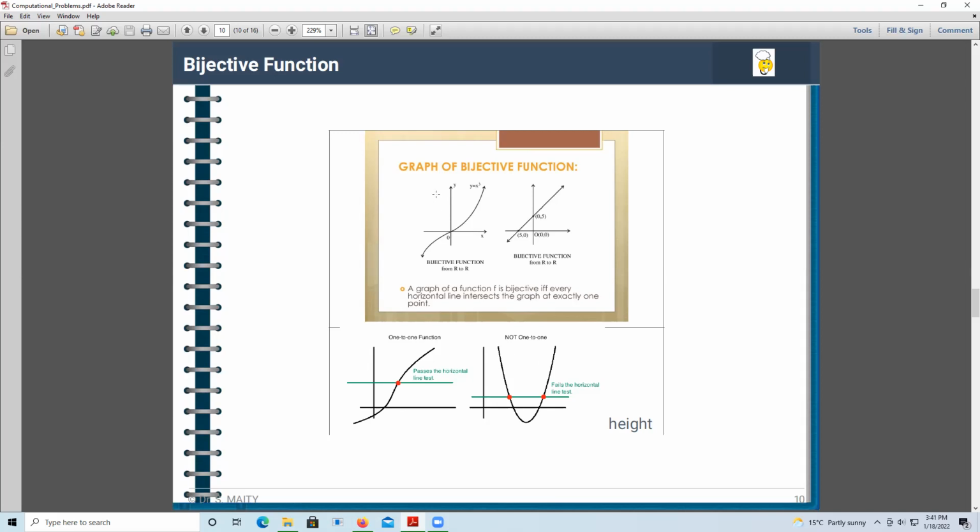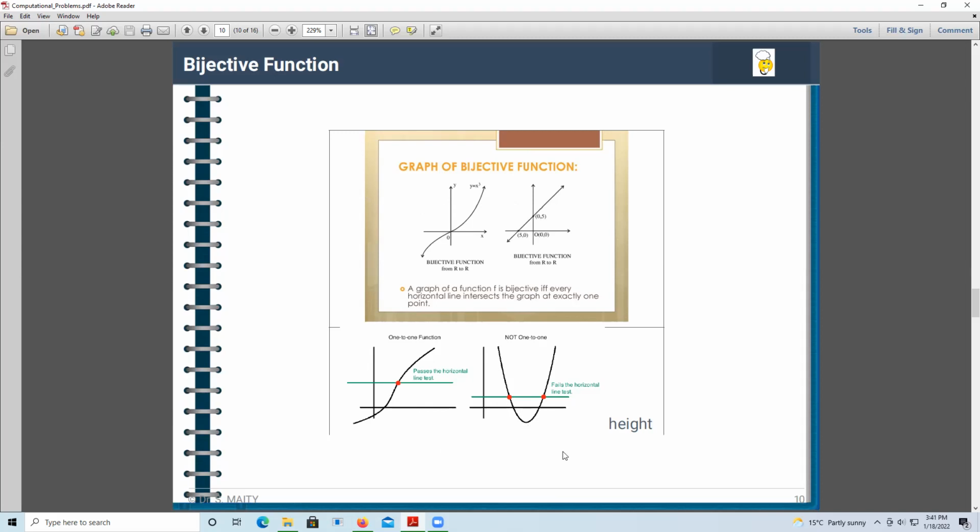That's why when you draw a horizontal line, which indicates a particular value of y, we should get exactly one value of x, not more than one. And the second thing is that it should cut the graph somewhere. For example, this violates the other property. If you draw the horizontal line here, it will not cut the graph anywhere.